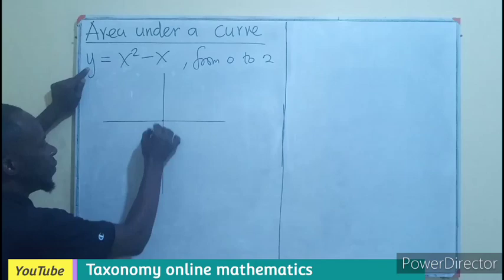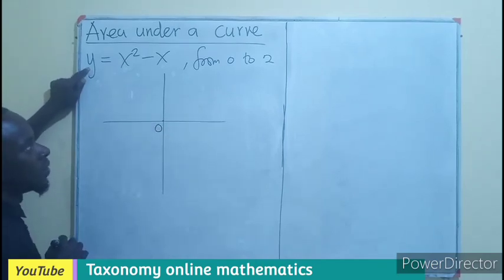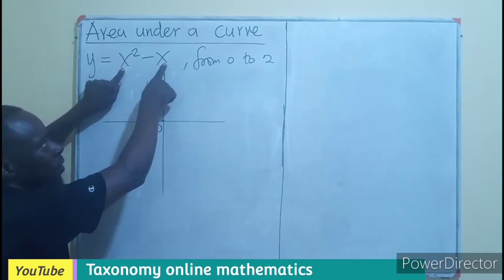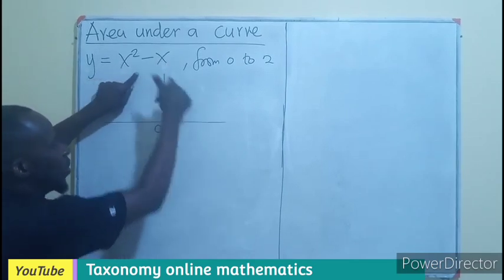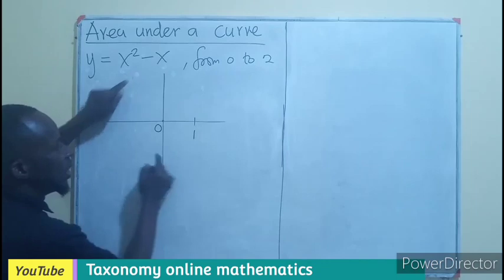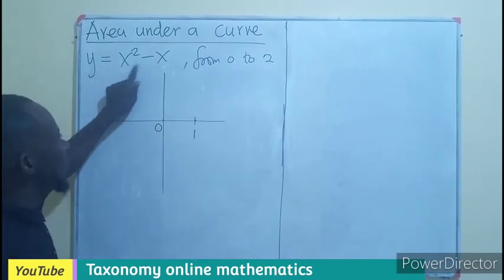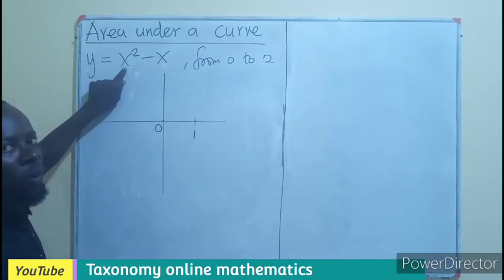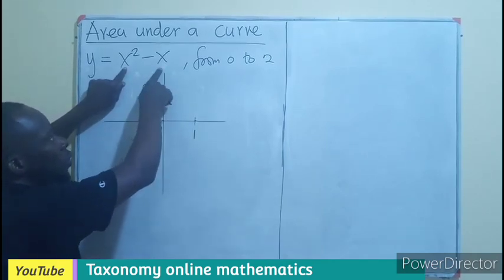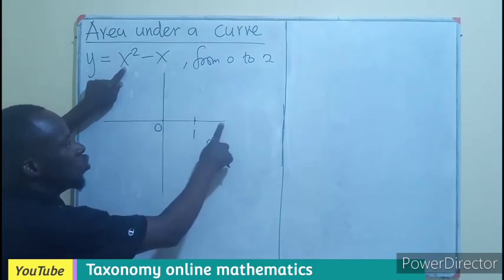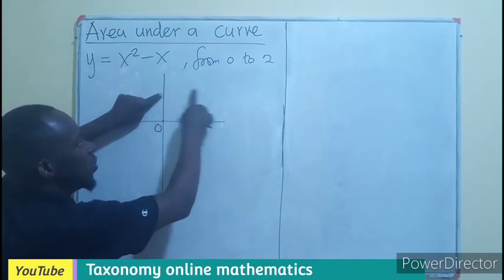So it means the first point is going to be here. Now, if I put x to be 1, the moment x is 1, I'll still get 0. So let's say x is 1, I'll still have a point to be 0 here. If x is 2, don't forget 2 squared will be 4. Here will be 2. So 4 minus this will be 2. So I'll be having 2 here, 2 there. So there will be a point here.